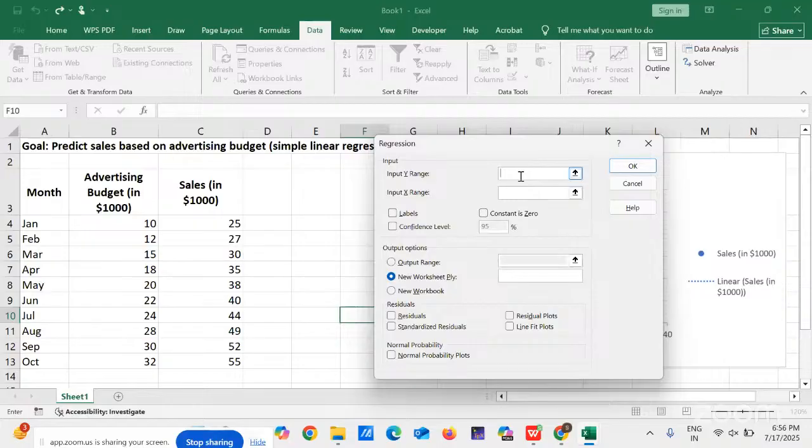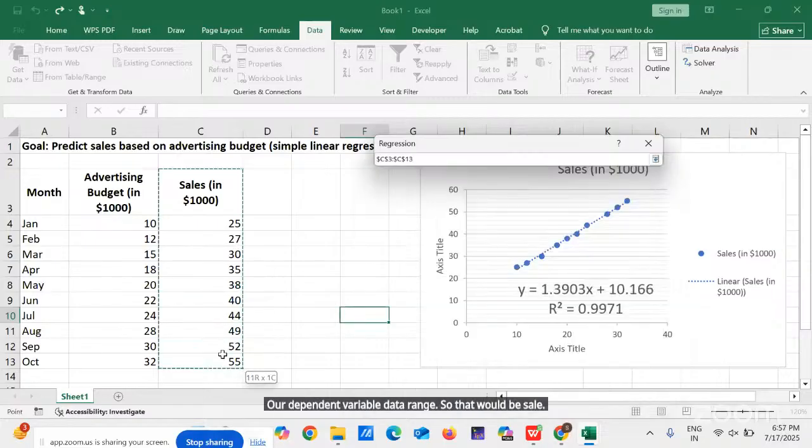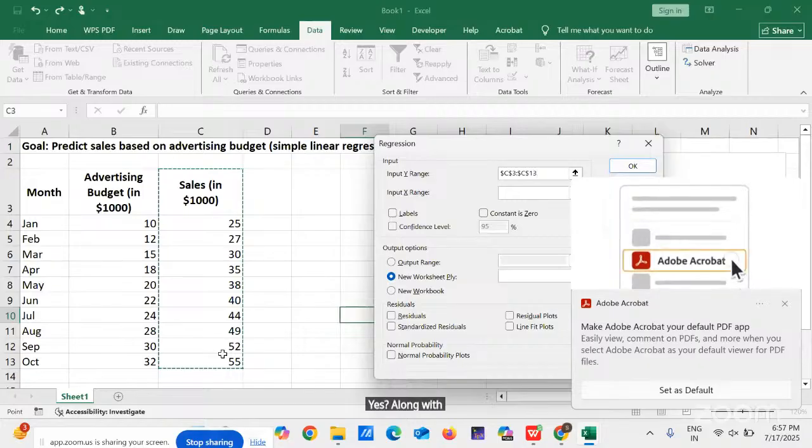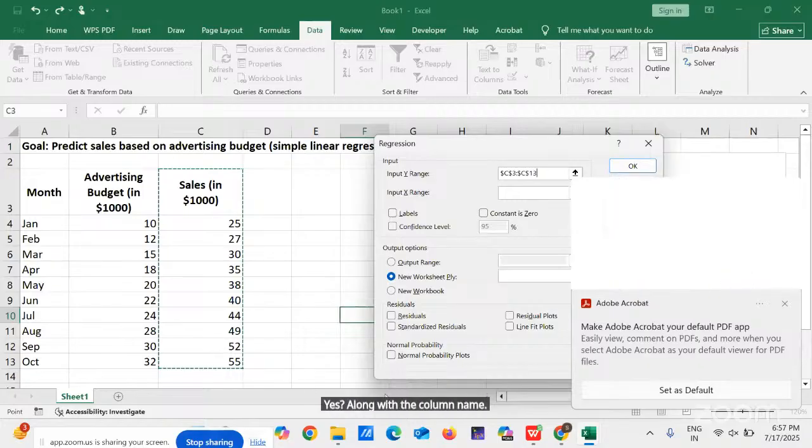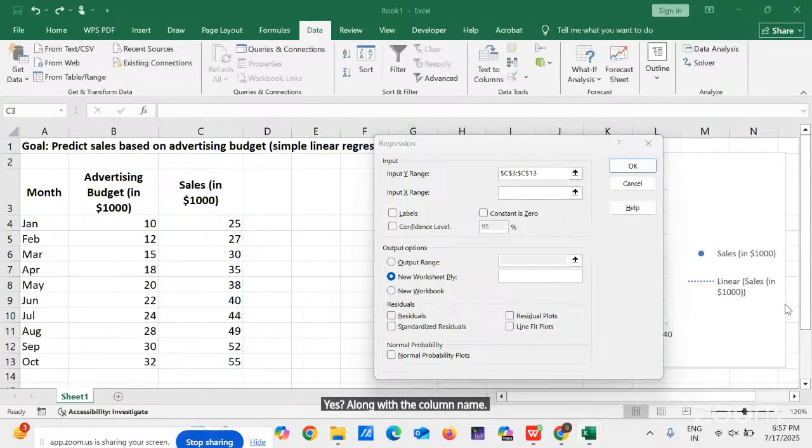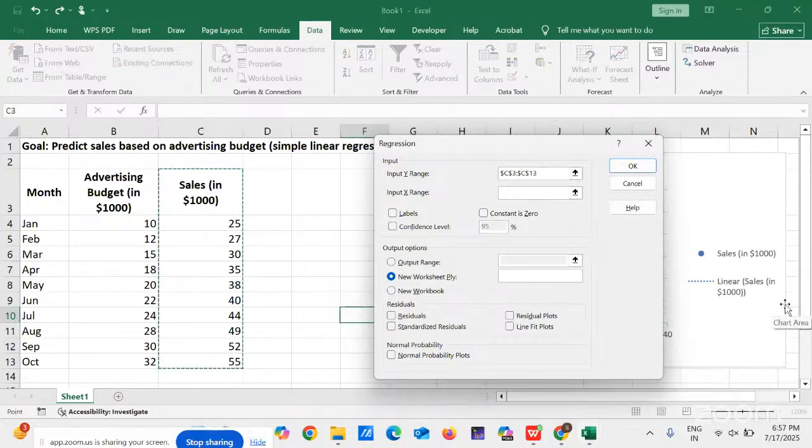So what is the range you have selected under the input Y range? You have inputted the Y variable, that is our dependent variable data range. So that would be sale, yes, along with the column name. Then X range, that is our independent variable.